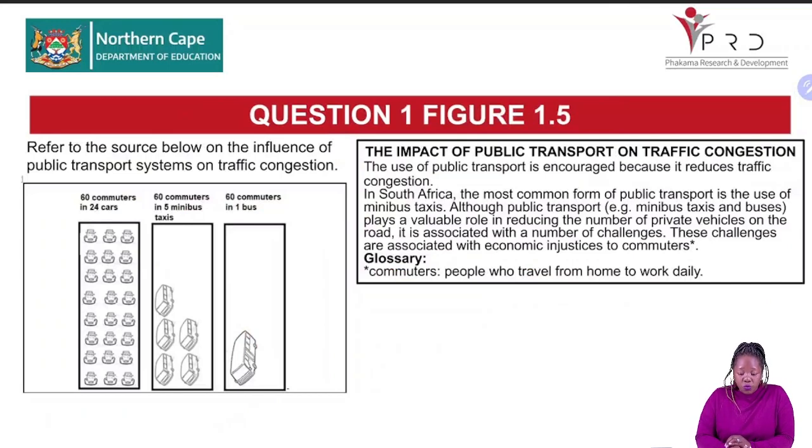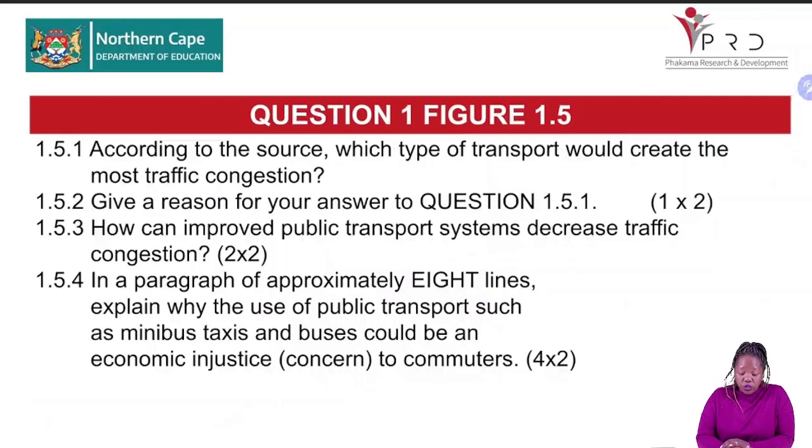So let us go through the question. With the question, you are given 1.5.1, whereby according to the source, so why it is important to go through whatever source that we are given, which type of transport will create the most traffic congestion. Then secondly, you need to give a reason for the answer. Then question number 3, how can improved public transport systems decrease the traffic congestion?